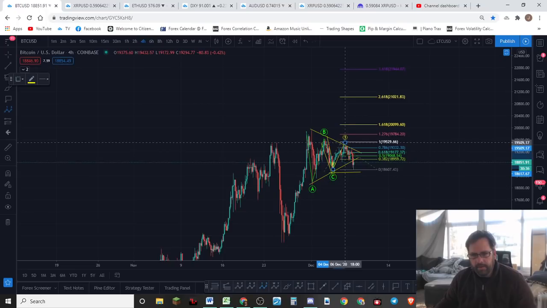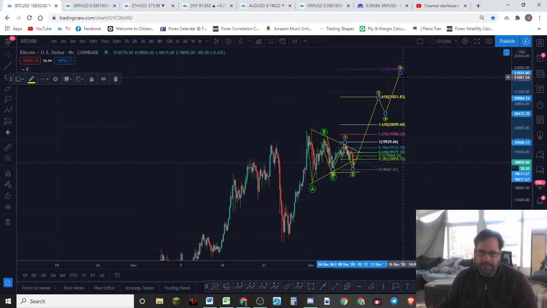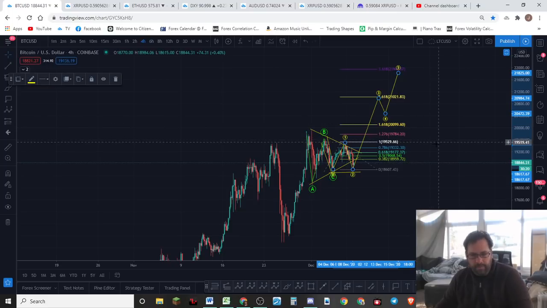We go 1, 2, 3, 4, 5. It's going to get us up to the 21,000 to 22,000 range. I would say 22,000 would be a nice target. It might come shorter than that, but at least 21,000 for the 3rd wave. Then maybe some sideways stuff, and then another hit to the high.